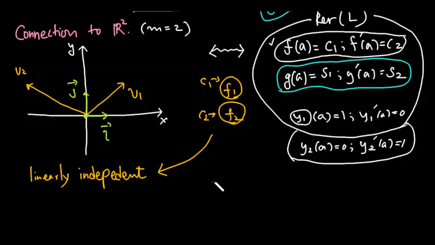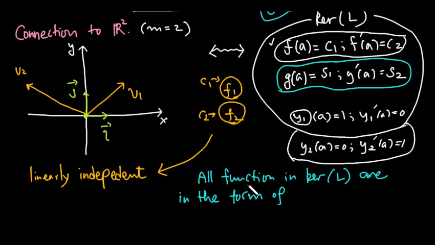So let me write that down. This is a useful and important statement. Similar to the statement I showed earlier, all the functions inside the kernel of L can be written in terms of the f1 and f2 we accidentally found, or that are conveniently available to us.